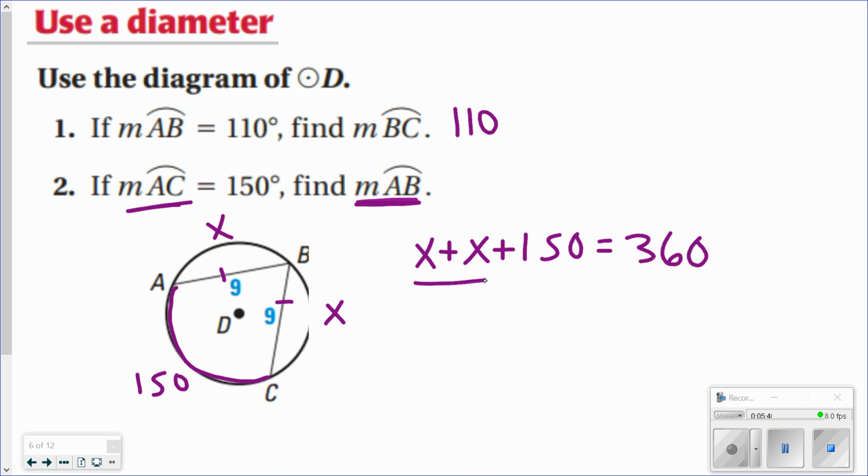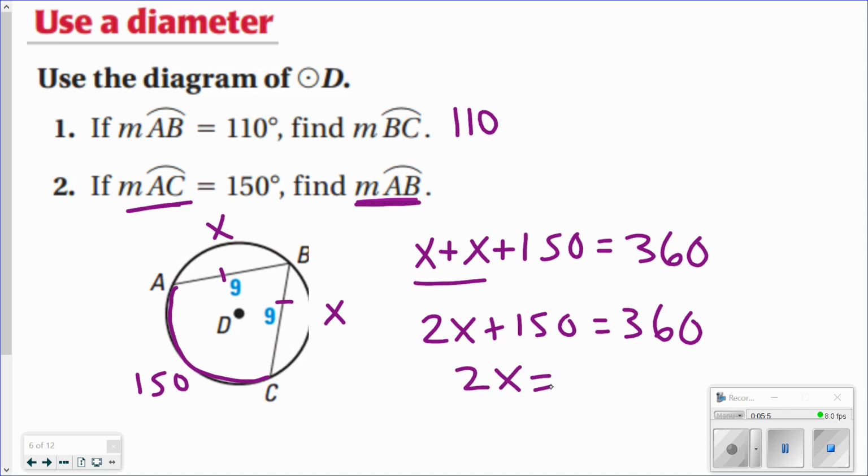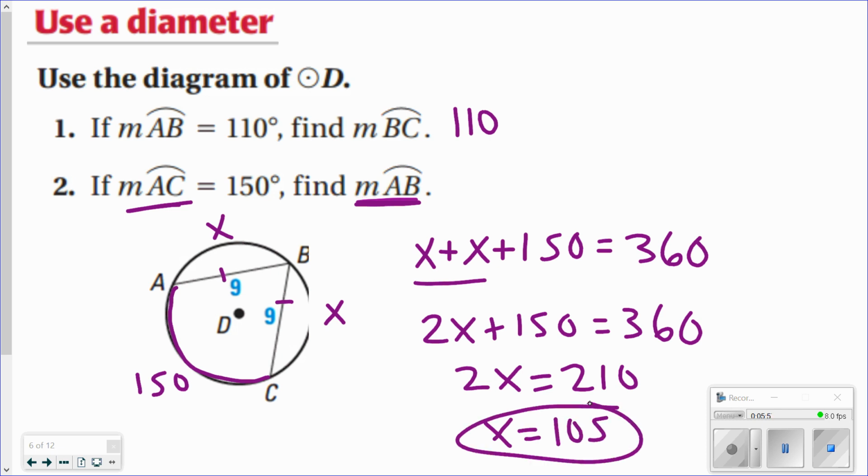Let's combine like terms: 2X plus 150 is equal to 360. Subtract 150, we end up getting that 2X is equal to 210, meaning that X is equal to 105. So back to our question, what was the measure of arc AB? It's 105 degrees.